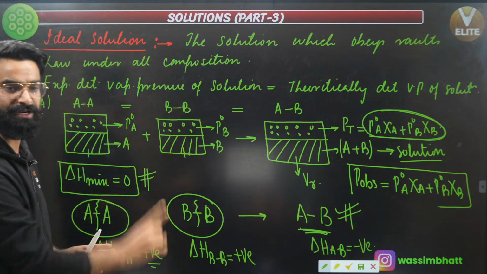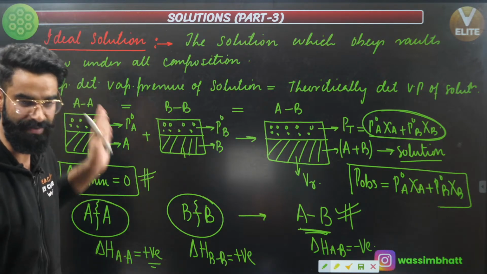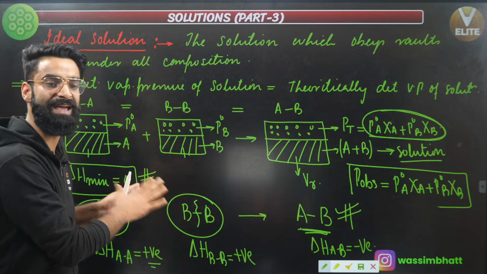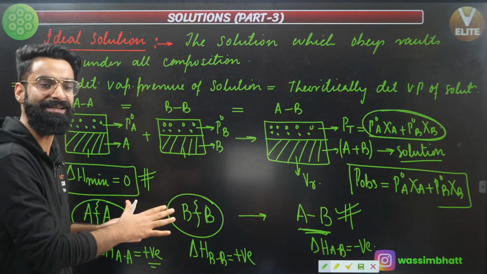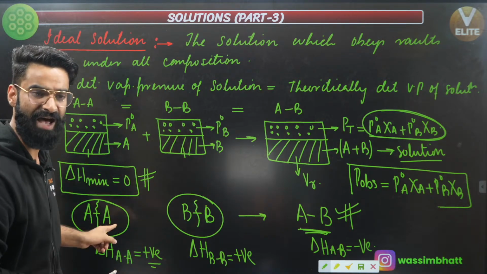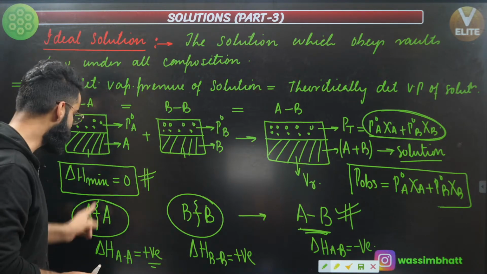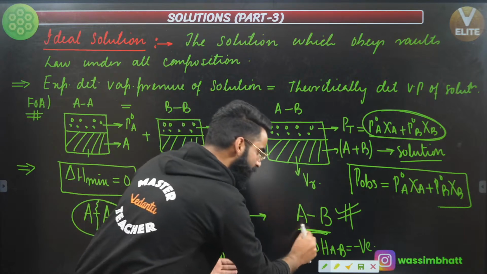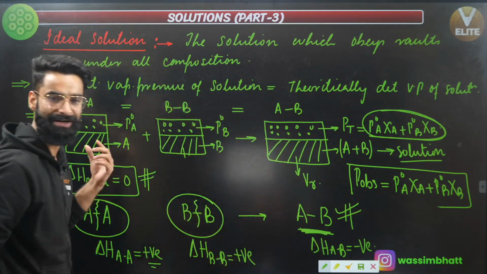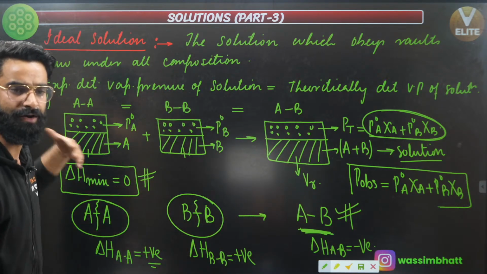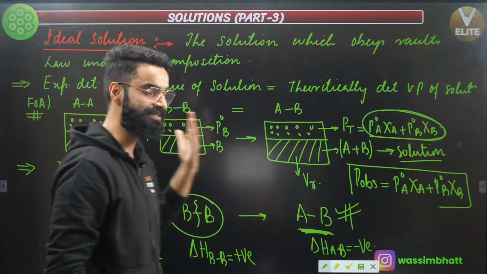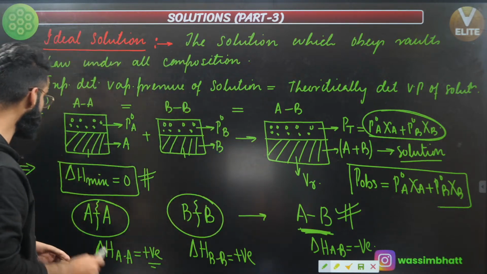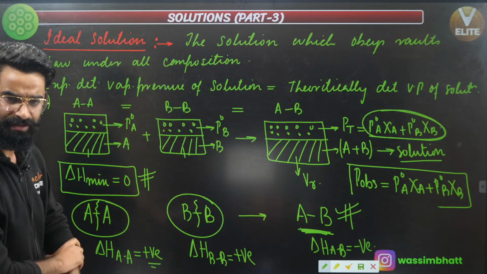So in total, delta H mixing over here will be 0, okay? There is no net absorption of energy and no net release of energy, because the energy which was required to break these bonds is the same energy you get once this bond is formed. So you can clearly say your delta H mixing of ideal solutions is always taken to be 0, okay? This was the next point, which I'm sure is clear to everyone.